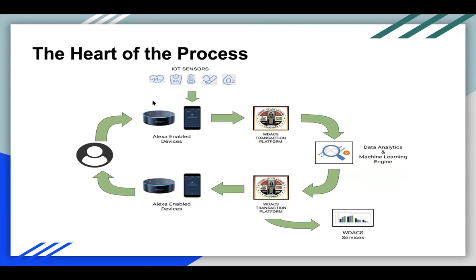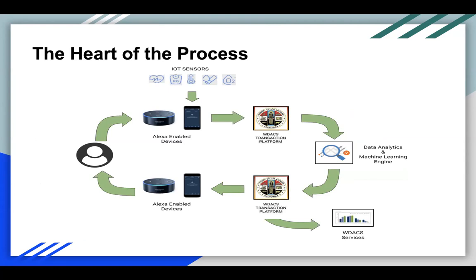And to help illustrate the process the user goes through with remote home assist, we provided a diagram. We call it the heart of the process. So the user interacts with an Alexa-enabled device, which utilizes the Alexa service to generate requests for phrases such as "start my survey" or "how's the weather." The request is sent to the transaction platform that we and the WDACS team developed.